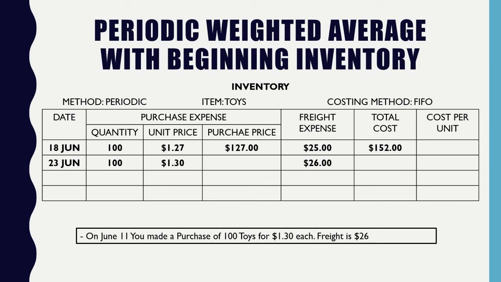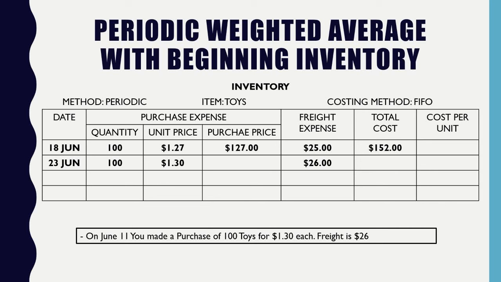And you don't have to solve for the cost per item, because in this case, I already have a pre-existing cost per item at $1.52. This would also be at $1.52, but it's not the only batch of inventory I'm actually purchasing.